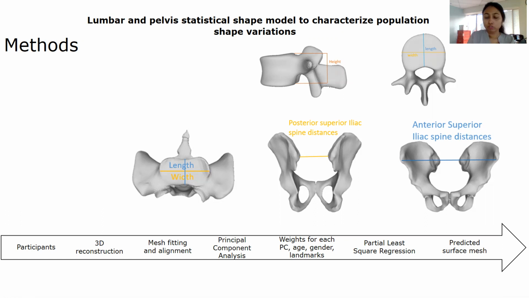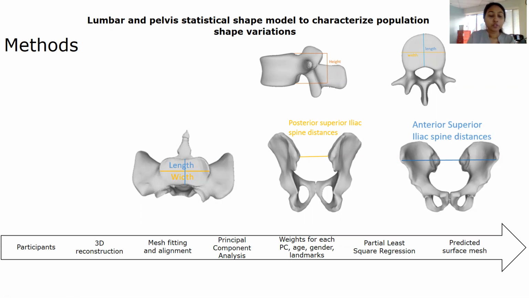The input for our first model was only age, gender and weights for each PC, but for the second model, it was weights for each PC, age, gender, and measurements such as the height, length and width of the vertebrae. For the pelvis, it was posterior superior iliac spine distances and anterior superior iliac spine distances. And for the sacrum, it was sacral plateau length and width.